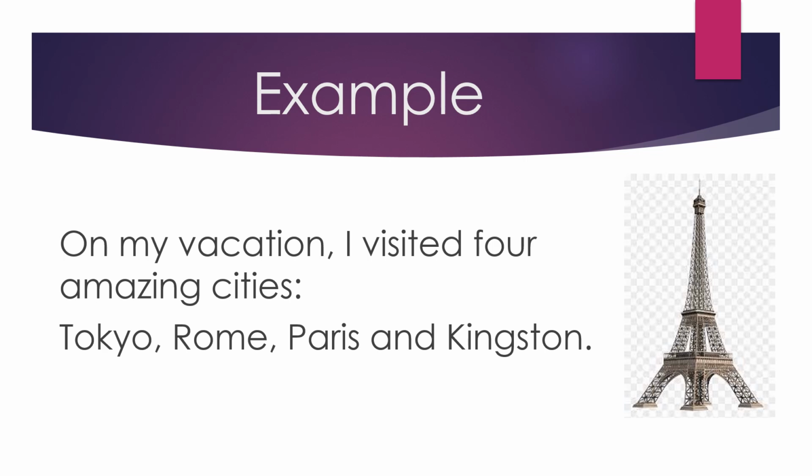For example, on my vacation, I visited four amazing cities: Tokyo, Rome, Paris, and Kingston. As you can see, the colon sets up the expectation that a list will be provided.